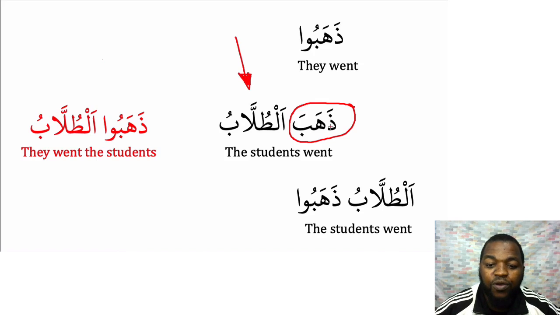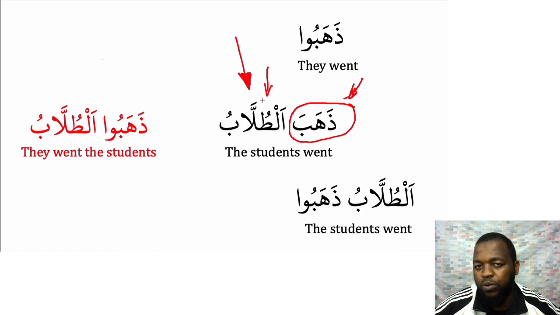So now here the subject is not hidden, because you can see it. The verb is here, the subject is here. At-tullabu. So when I say dhahaba al-tullabu, it means the students went.